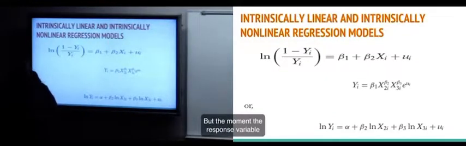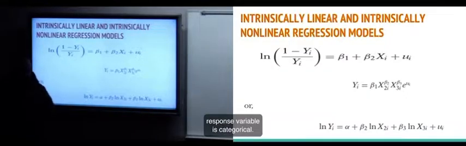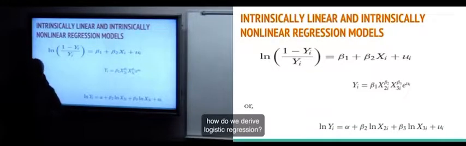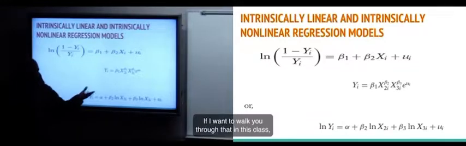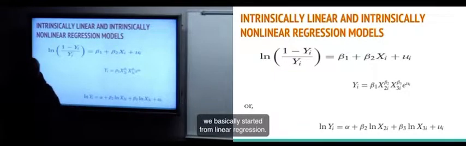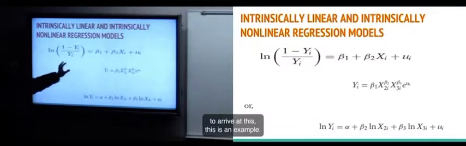But if the response variable is categorical, you go for logistic regression. How do we derive logistic regression? If I want to walk you through the theoretical derivation in this class, we basically started from linear regression and generalized it to arrive at this.